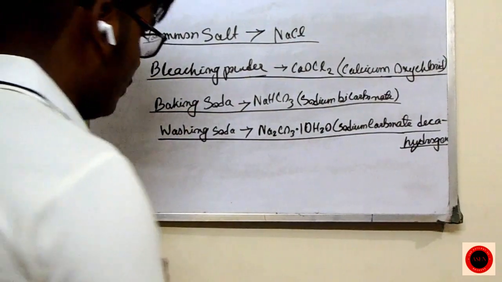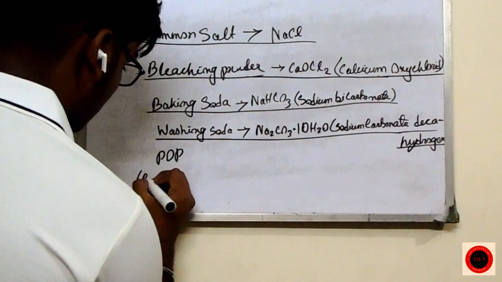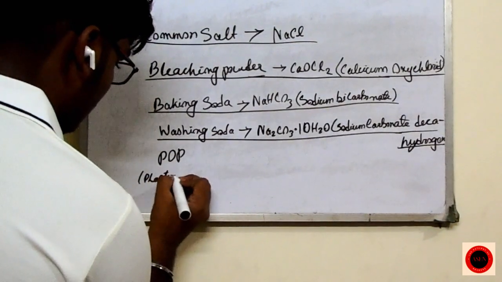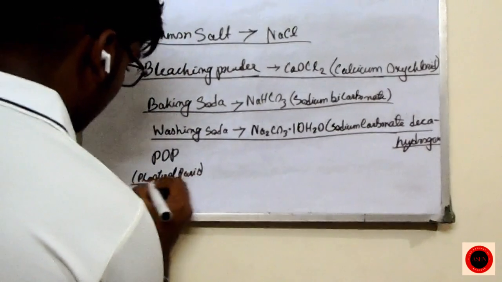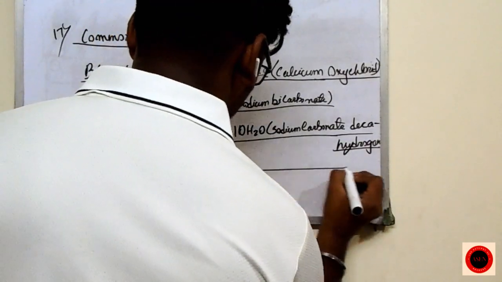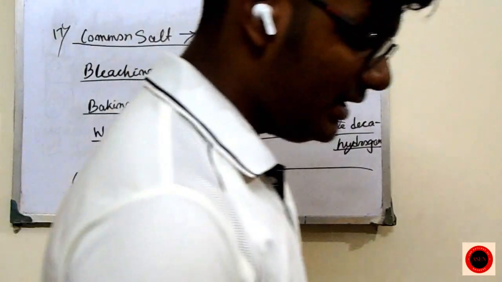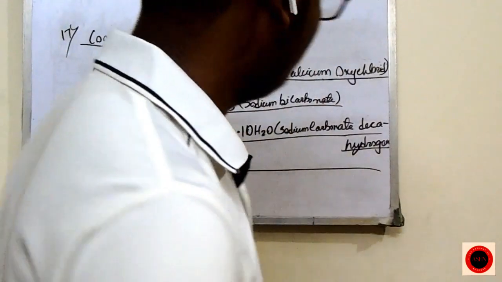And the last one is POP, plaster of Paris. We are very familiar with this. Plaster of Paris is CaSO4 dot half H2O.